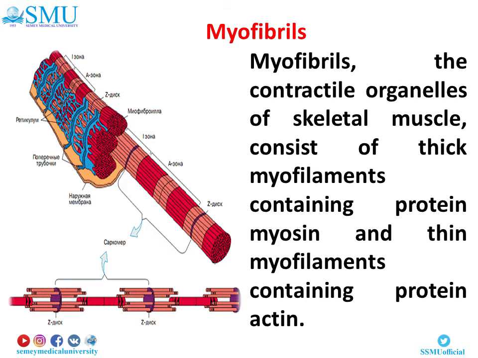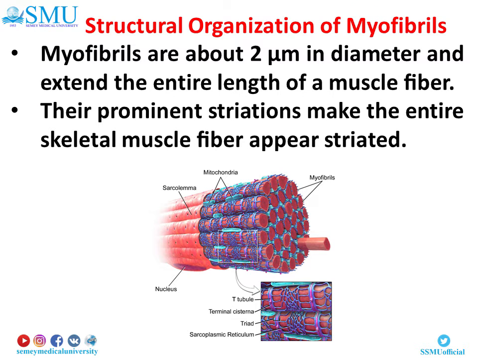Myofibrils. Myofibrils, the contractile organelles of skeletal muscle, consist of thick myofilaments with protein myosin and thin myofilaments with protein actin. Myofibrils are about 2 micrometers in diameter and extend the entire length of a muscle fiber.